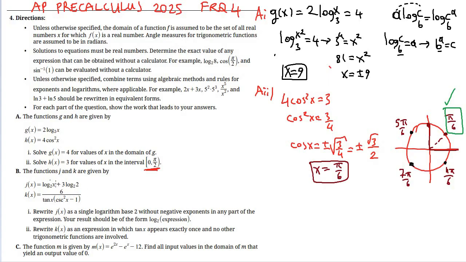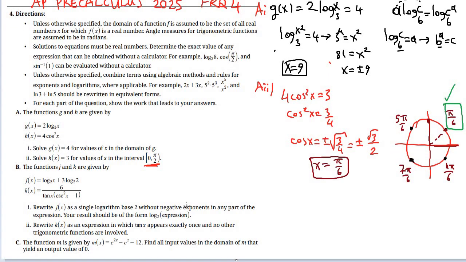Part B. The functions j and k are given below here. Rewrite j of x as a single logarithm base 2 without negative exponent. Alright, let's work on this. So we have log base 2 of x plus 3 log base 2 of 2.